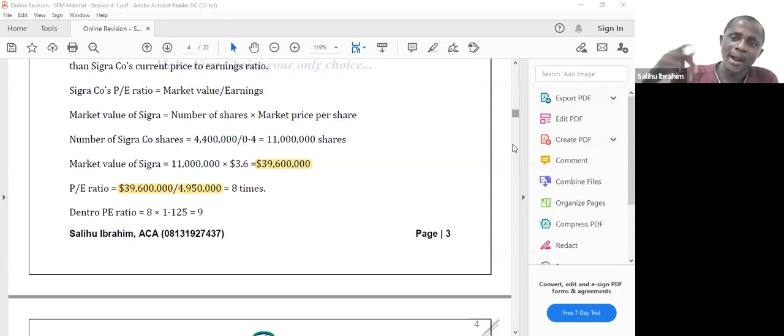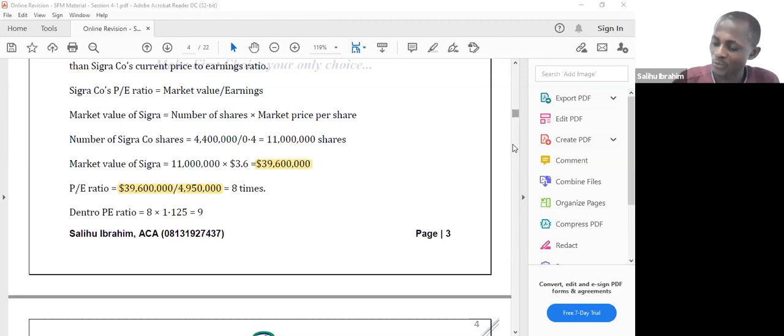The post-acquisition number of shares is simply the shares issued to Dentroco, which we computed before: 3/2 times 1,250,000, which is 1,875,000. Add it to the number of shares of Sigraco, which is 11 million. So the post-acquisition number of shares is 12,875,000.